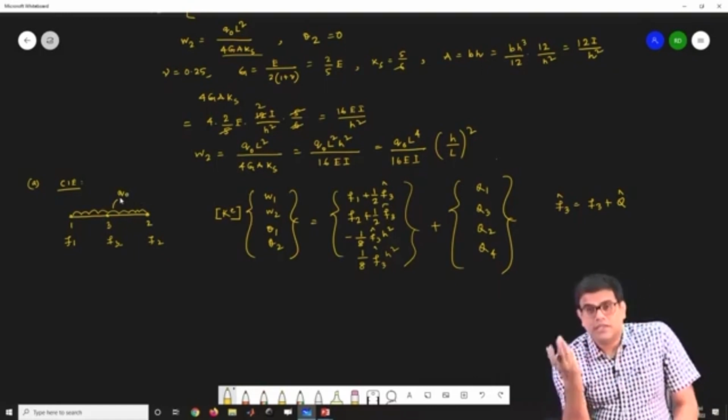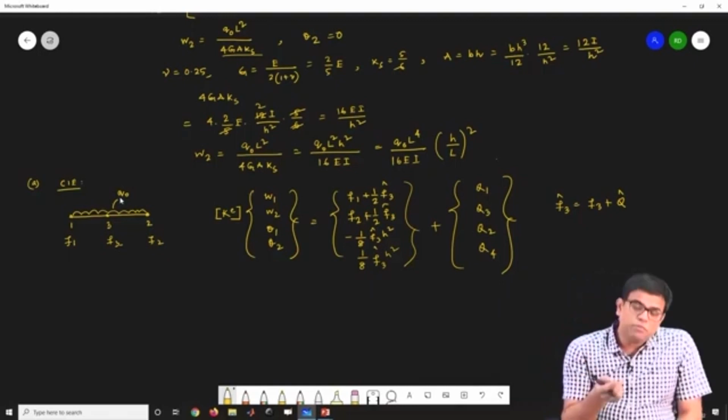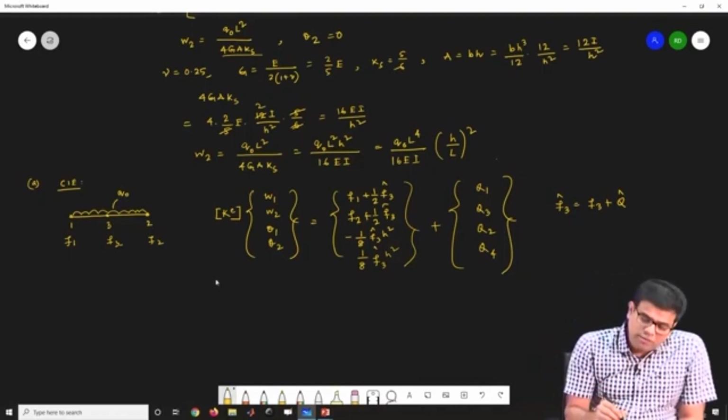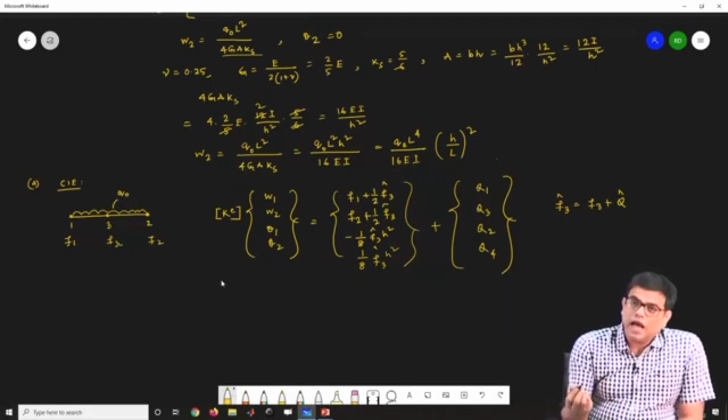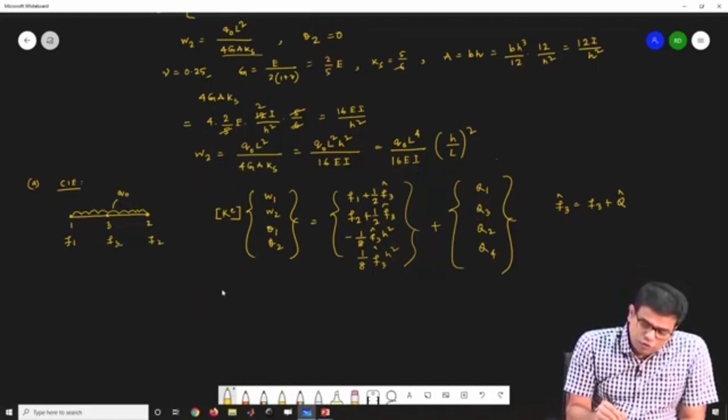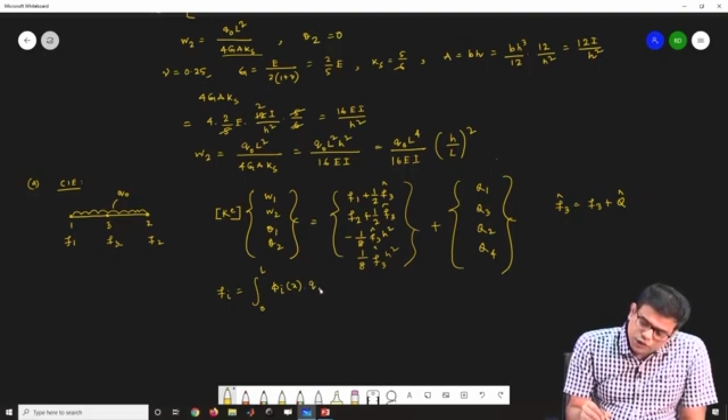Now if I just use the quadratic interpolation, then my force vector will be essentially phi I q0. So if you remember how we calculated the force vector, that is 0 to L, phi I of x q0 dx.